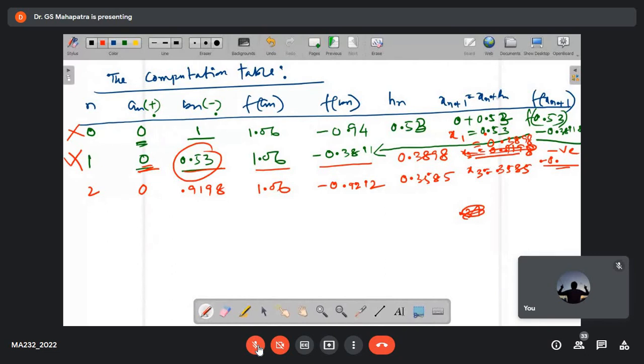So 0 plus 0.53, again 0 plus this one 0.5, plus 0.389, and now 0.3585. Now at 0, F of 0.3585, what is the answer?